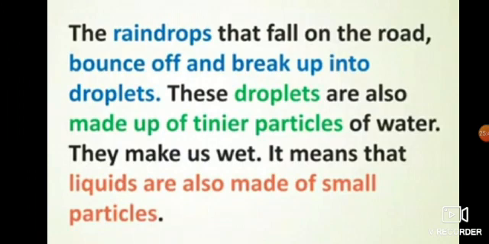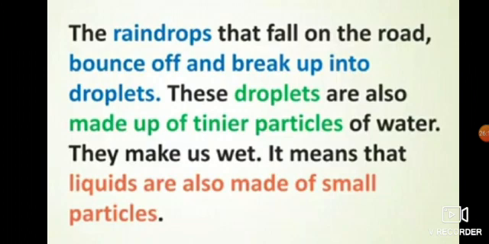So naturally, when they come on our face, on clothes, we will get wet. That means, from this we can understand that liquids are also made up of small, tiny particles.